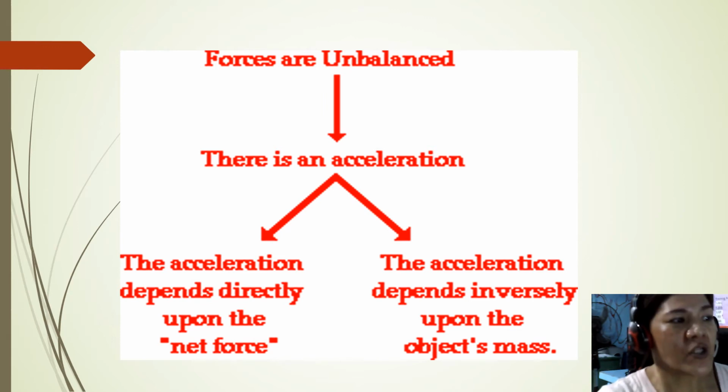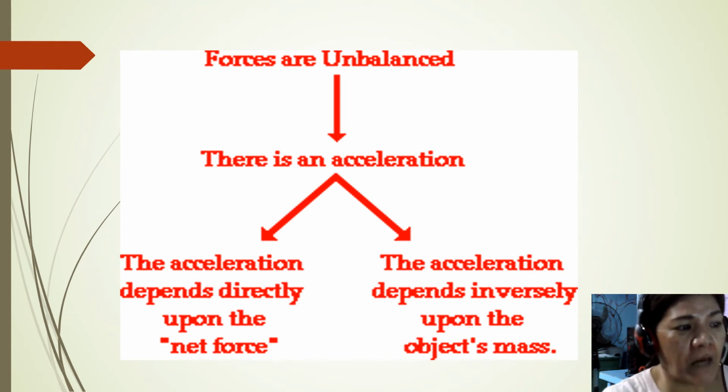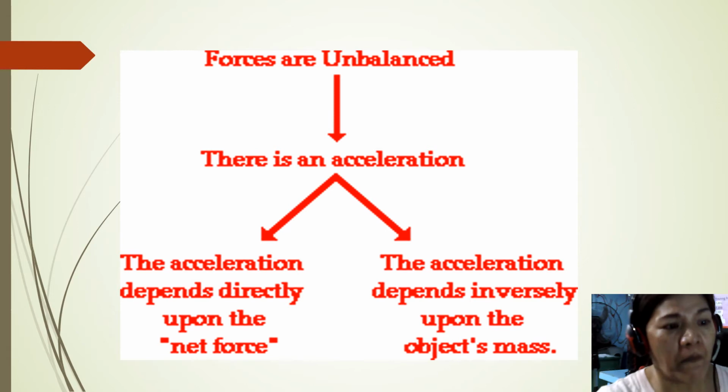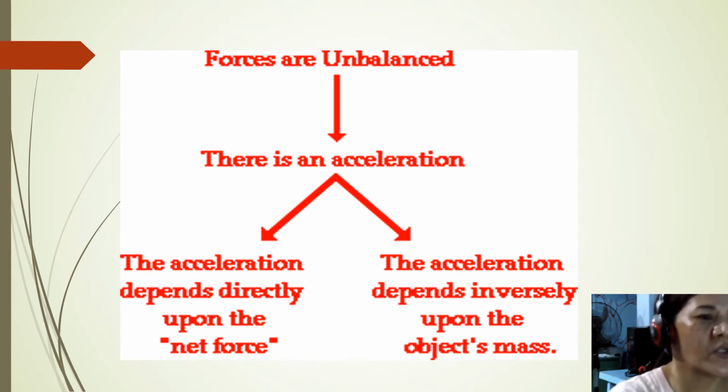The acceleration depends directly upon the net force and inversely upon the object's mass. So again, the greater the mass, the greater the force you need to exert for that object to be in motion. So I hope you got it.